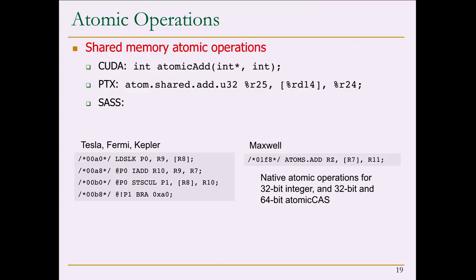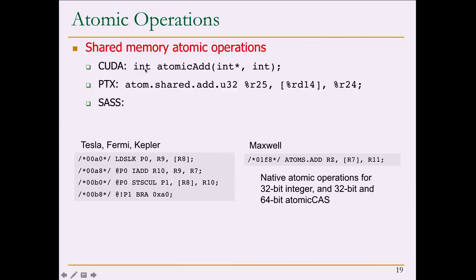And essentially, as you can see, we have the high-level instruction in CUDA. This is an example, atomic add. This means that we are going to add atomically some value that we have in this argument to the address that is pointed out by this pointer here.